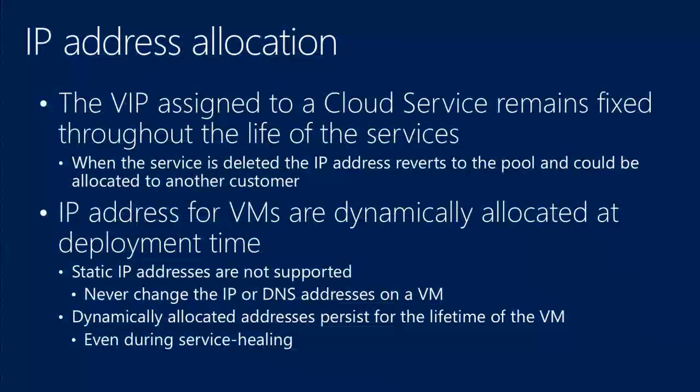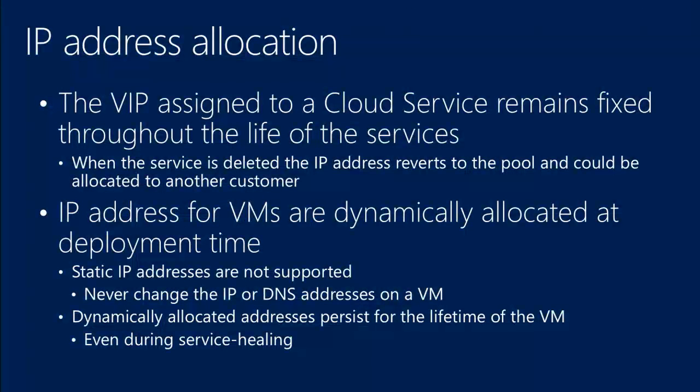IP address allocation, as I say, you don't know what it's going to be. It's going to be on your subnet. You know the first one you deploy will be .4, next one .5, next one .6, but don't rely on that. All right? So you've no idea what it's going to be, and they're dynamically allocated at deployment time. This is the internal address.